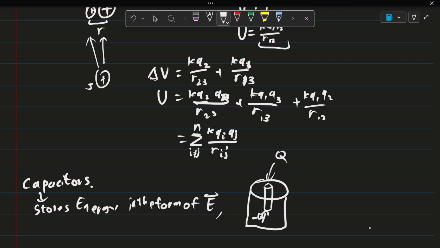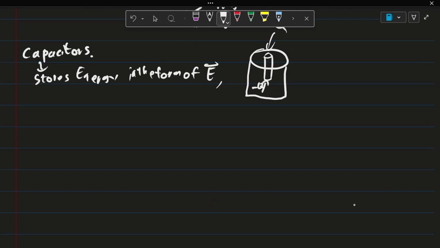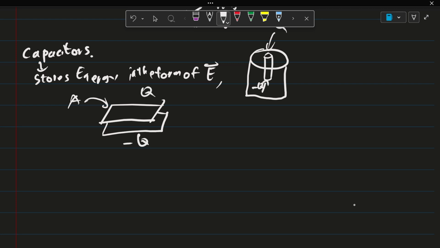But instead of discussing these kinds of capacitors, we'll just discuss a very simple model of the capacitor, which will be the plate capacitor. So in here I will have a plate which has an area of A, and it has a charge Q as well as negative Q. Last time we already figured out that the electric field for this plate has to be sigma over 2 epsilon 0.